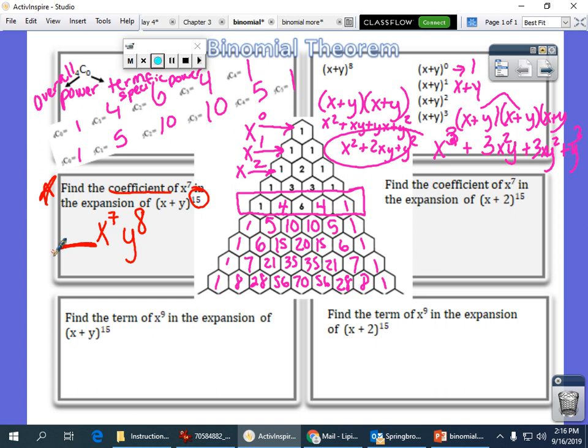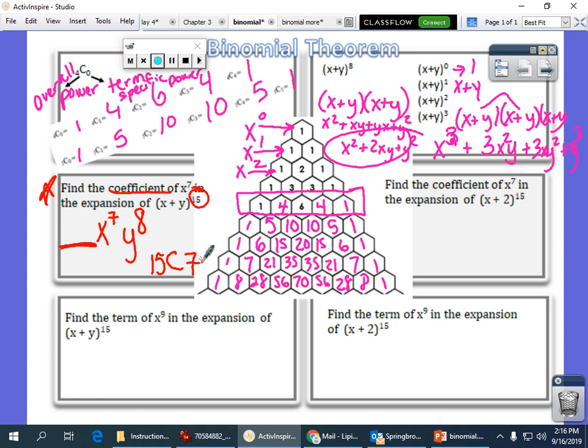Okay, I'm going to go. This is going to be scary. You ready? What's the overall power? 15. What's the power of the first term? 7. What's my coefficient? Put out those calculators. What's my coefficient?